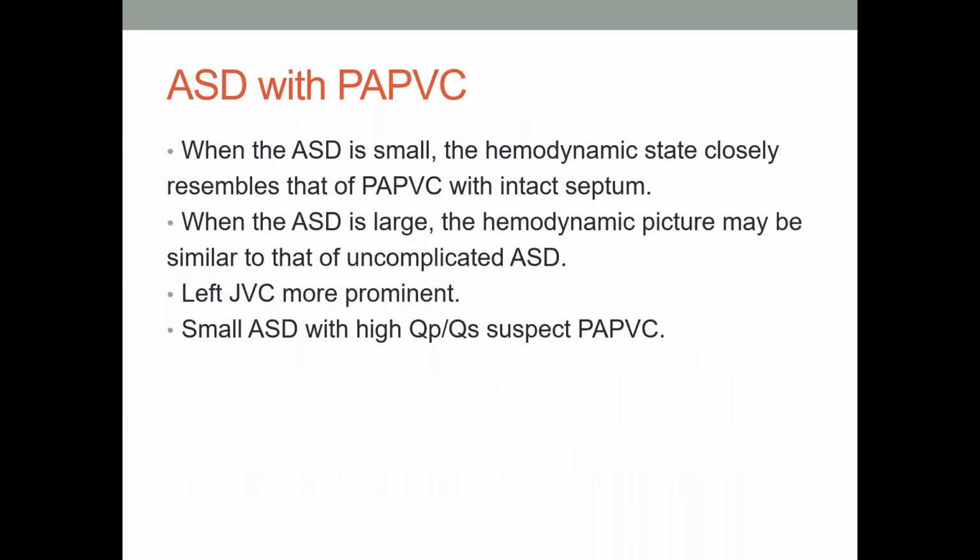So the other possibility is having a PAPVC, not just one vein, maybe two veins joining. We are not talking about ASD with PAPVC. If you have just PAPVC, then it will be wide variable fixed split. But most of the time with PAPVC with ASD, the shunt increases.